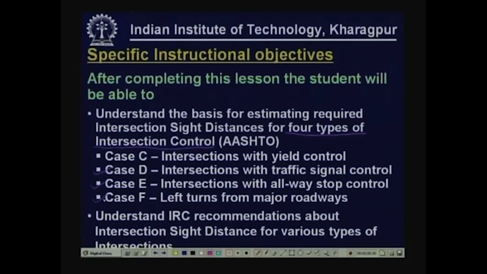What should be the required intersection side distance in those cases? Student will also be able to understand IRC, Indian Roads Congress, recommendations about intersection side distance for various types of intersection control.